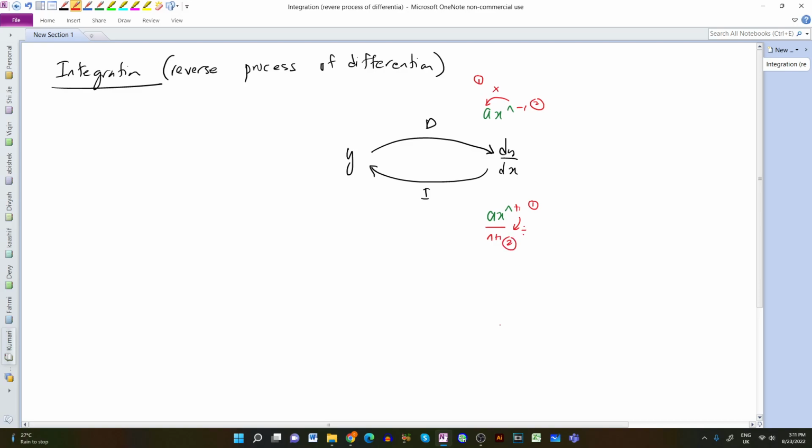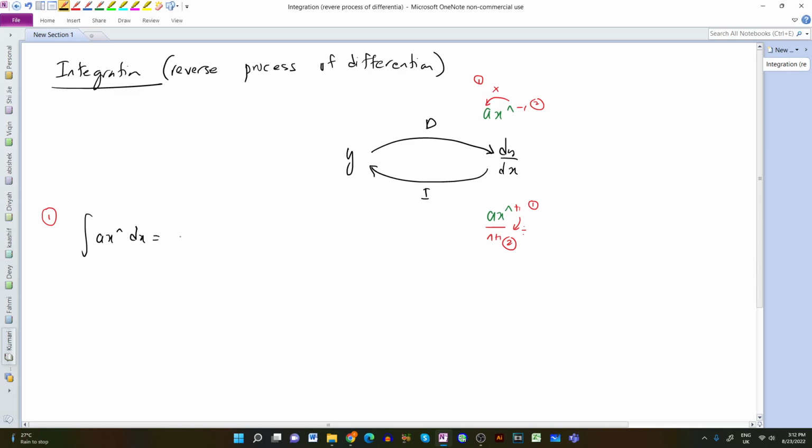So each and every formula in integration is developed by looking at the differentiation formula. They're in a reverse process. Okay, so we're going to do all these one by one. Now, the first rule in integration is we're going to look at this type of question: axn dx.